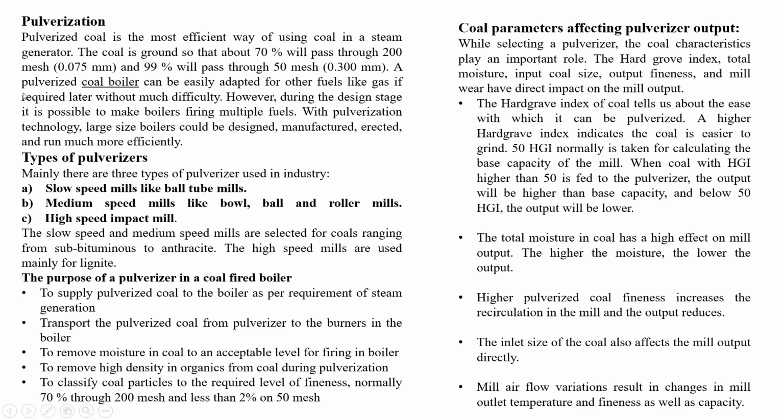However, during the design stage, it is possible to make boilers firing multiple fuels. With pulverization technology, large size boilers could be designed, manufactured, erected, and run much more efficiently.